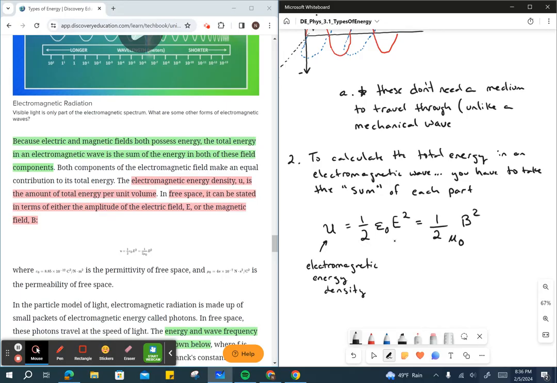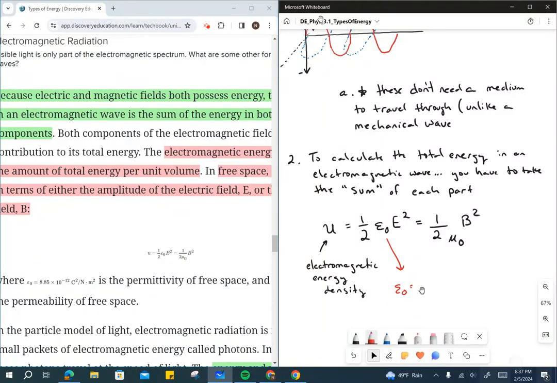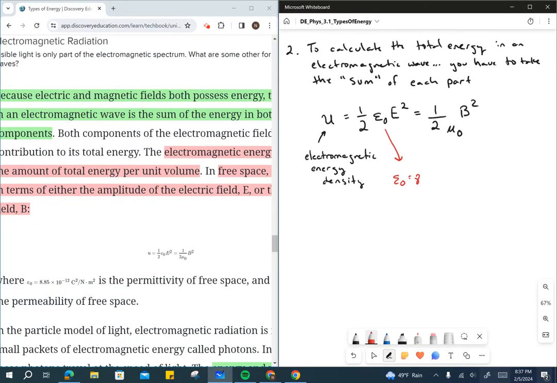What is this term here? It is equal to 8.85 times 10 to negative 12 coulombs squared per newton meters squared.